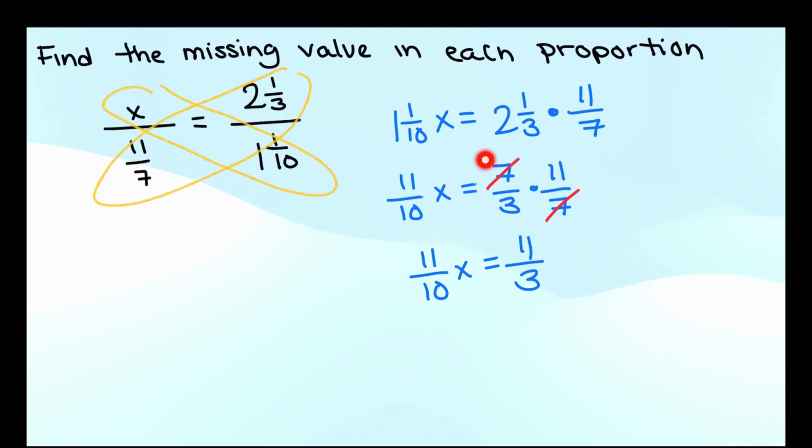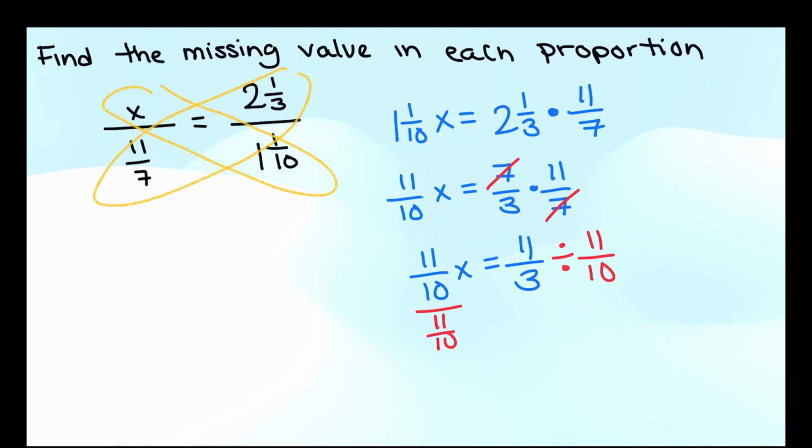I'm going to multiply the two fractions on the right-hand side. To multiply, we can go straight across, but I notice right away that there's a common factor of 7. I can just cancel those out, and I'm left with 11/3. So 11/10 x equals 11/3.